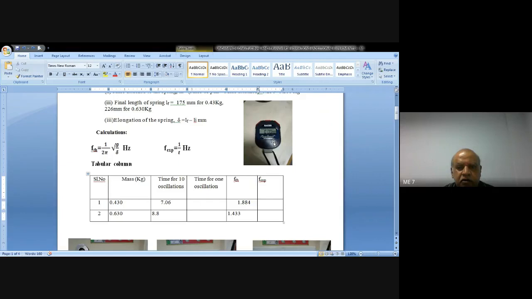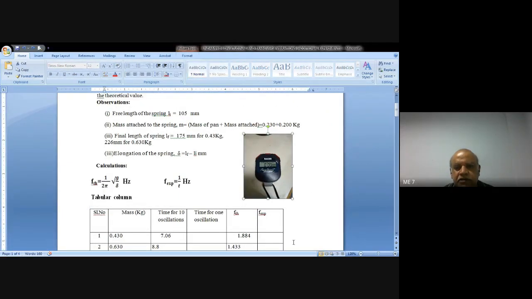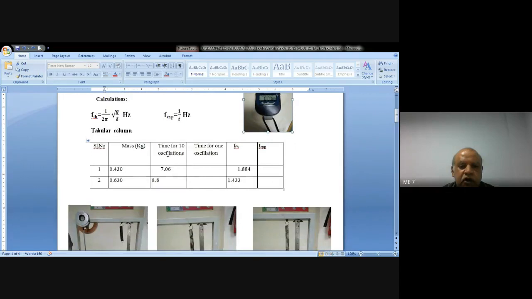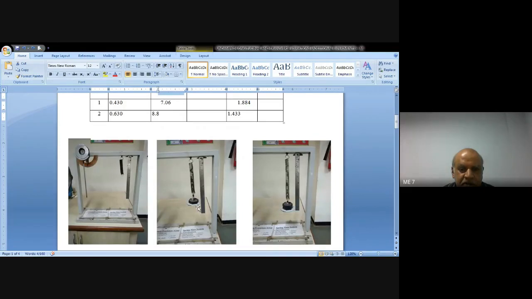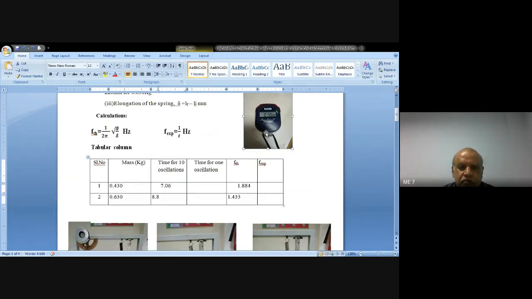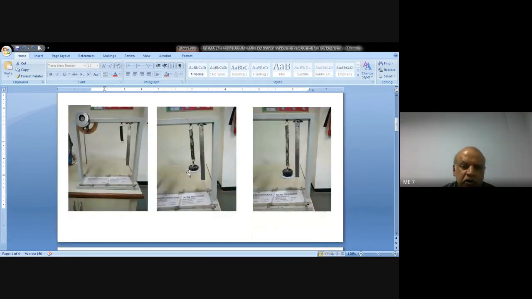Now this is a stopwatch. Using the right button, if you press it, it will start working. Using the stopwatch, note down the time taken for 10 oscillations. Give initial displacement to the spring and mass and leave it. It will vibrate longitudinally.